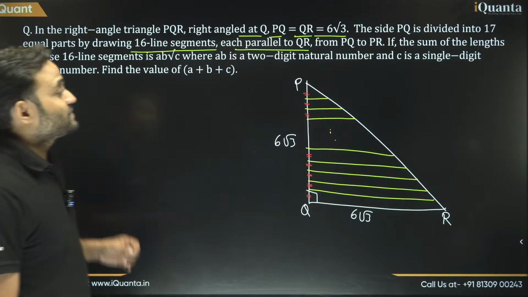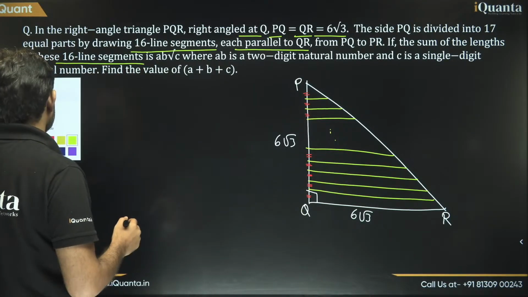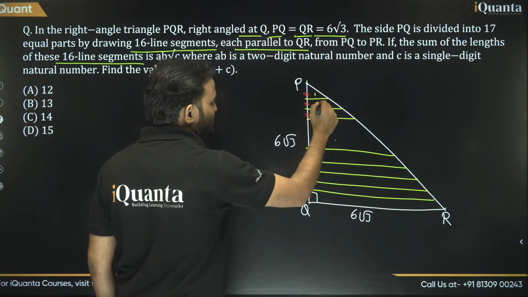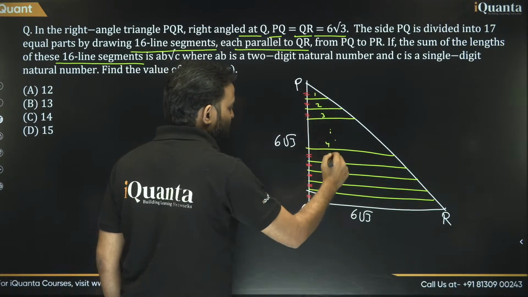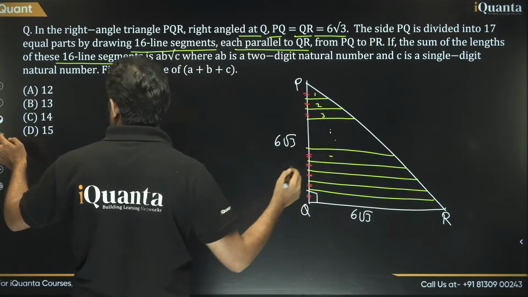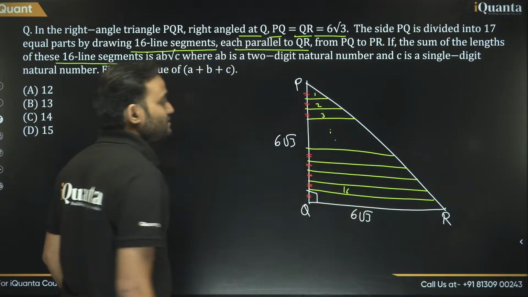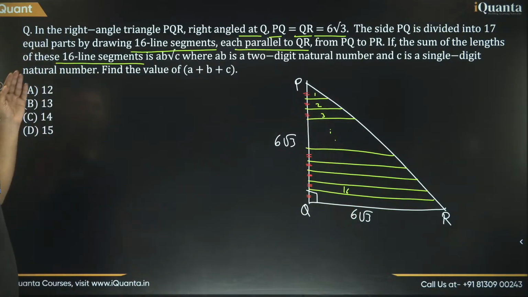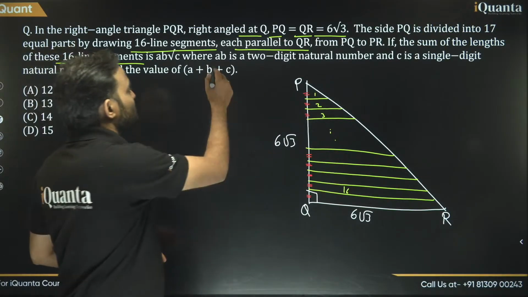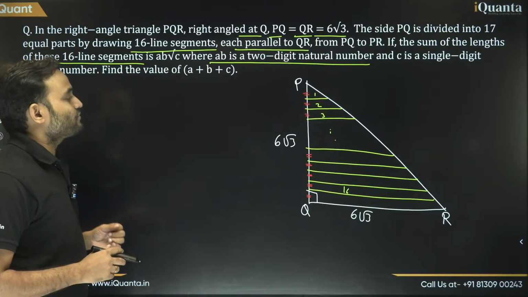Now it says if the sum of the lengths of these 16 line segments, this is the first segment, this is second, this is third, fourth, fifth, this will be 16th. So the sum of the lengths of the 16 line segments is AB root C, where AB is a 2-digit natural number and C is a single-digit natural number. Find the value of A plus B plus C.